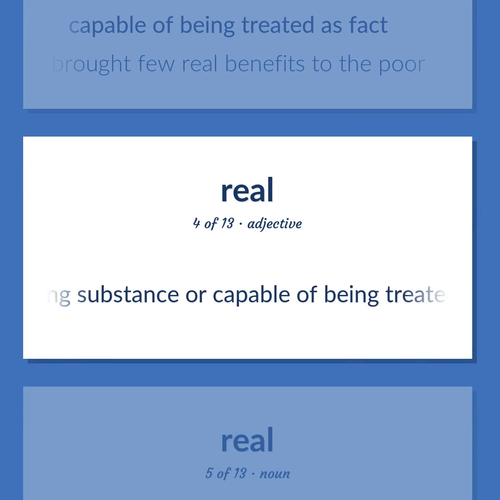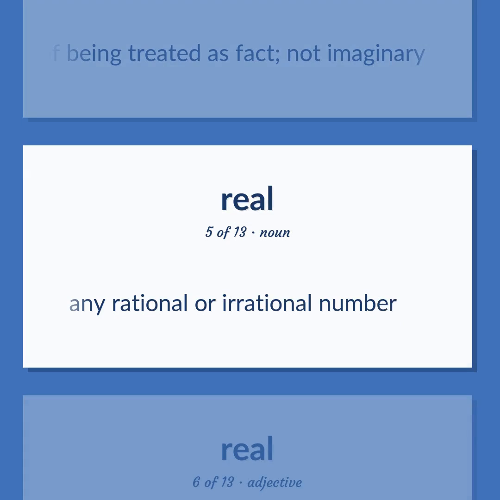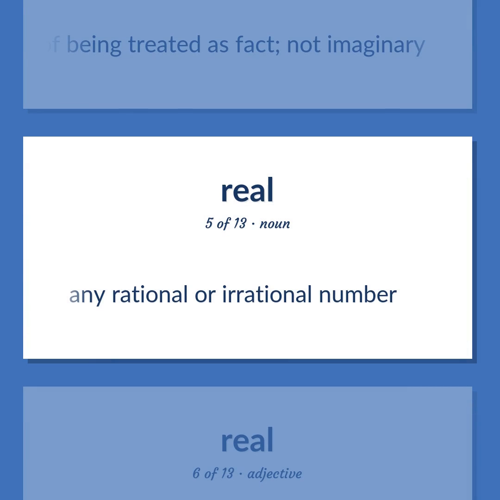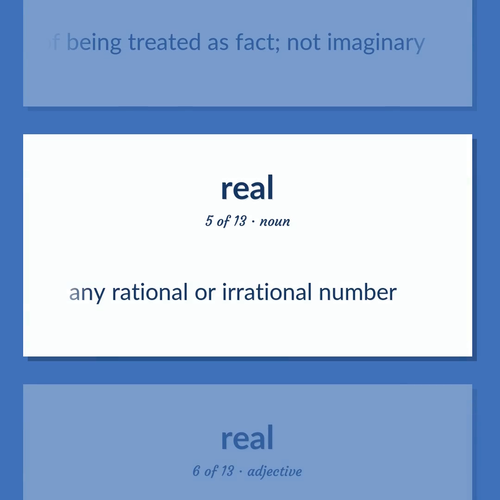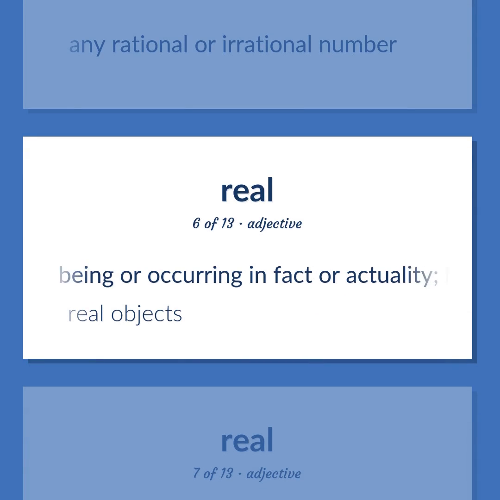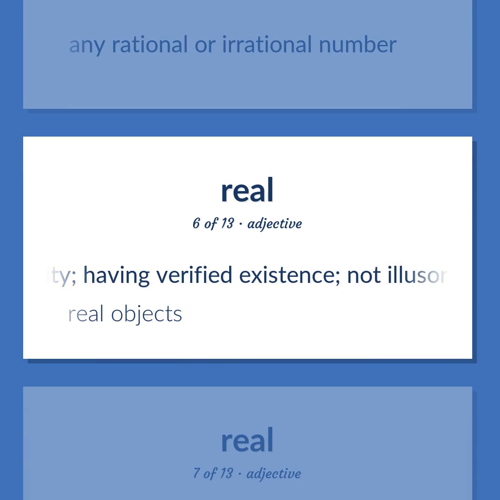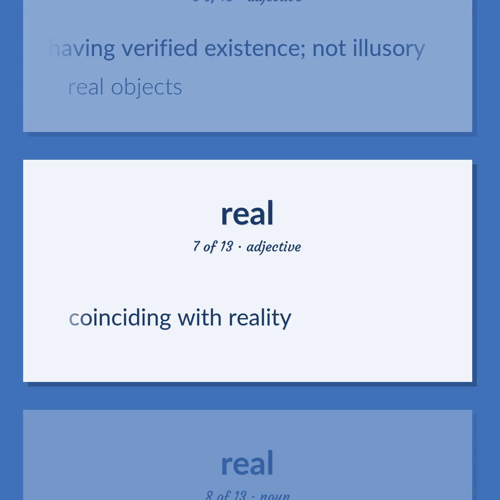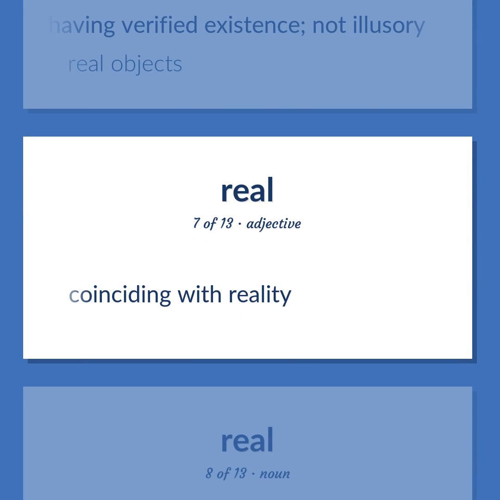Having substance or capable of being treated as fact, not imaginary. Any rational or irrational number. Being or occurring in fact or actuality, having verified existence, not illusory. Real objects. Coinciding with reality.